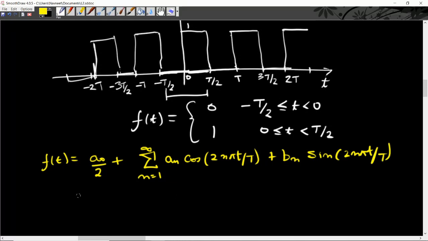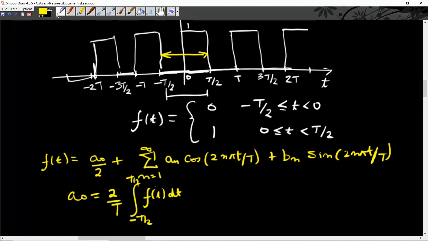So let's start by looking at the first coefficient a naught. So a naught is given by 2 over T, an integral over this interval minus T by 2 to T by 2, f of t dt.